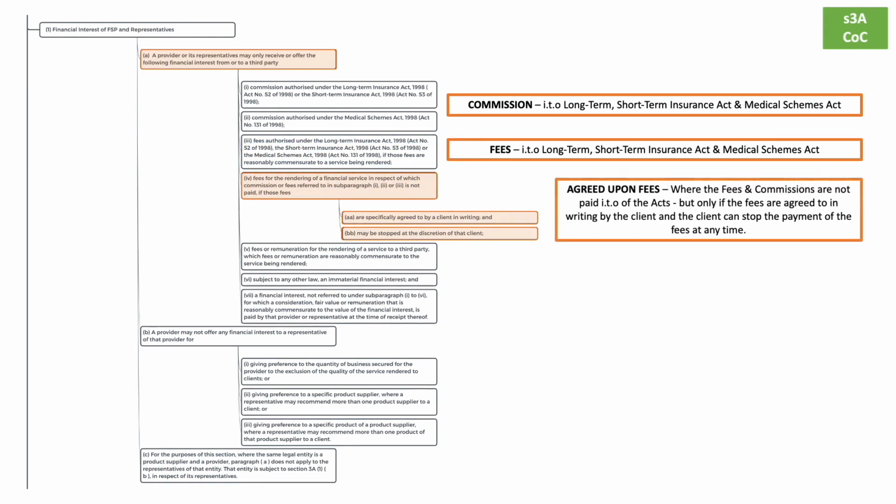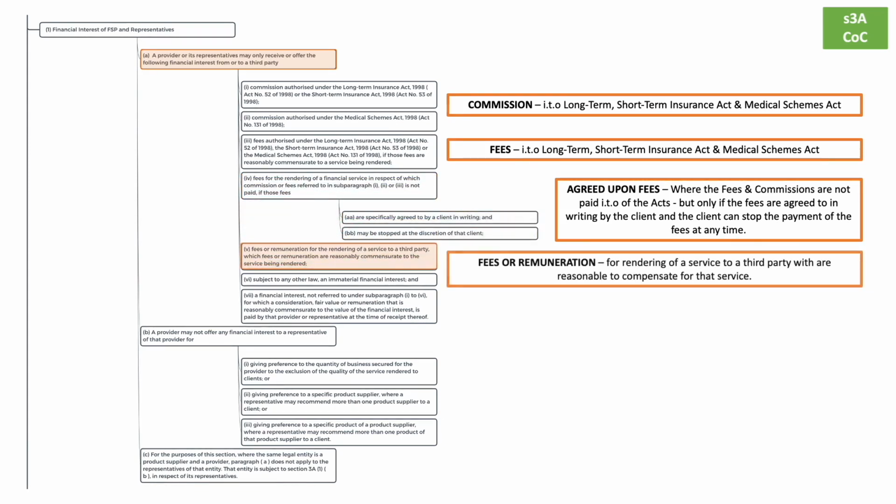Agreed upon fees, where the fees and commissions are not paid in terms of the Acts, but can only be paid or received if those fees are agreed upon in writing by the client, and the client can stop the payment of the fees at any time. Fees or remuneration for rendering of a financial service to a third party, which must be reasonable to compensate for the service rendered.